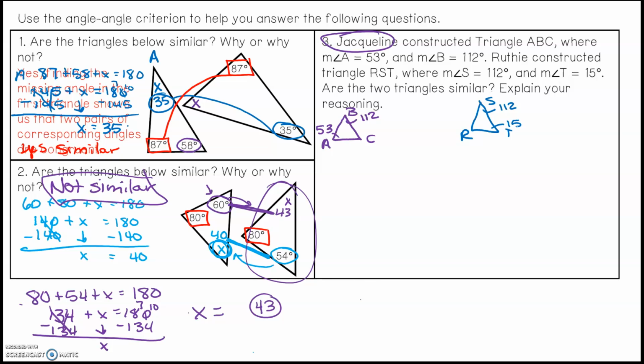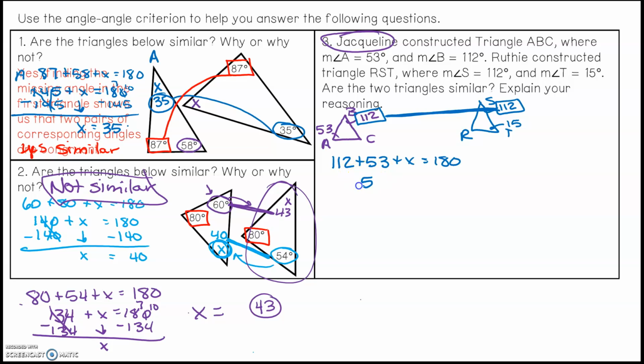Are these similar triangles? Well, we've got one set of corresponding congruent angles. These match. I need one more set. So I need to see if angle C will match up with this one over here. So I'm going to add up the angles and see if the missing one corresponds with an angle over here, this one, 15. So 112 plus the 53 plus x equals 180 degrees.